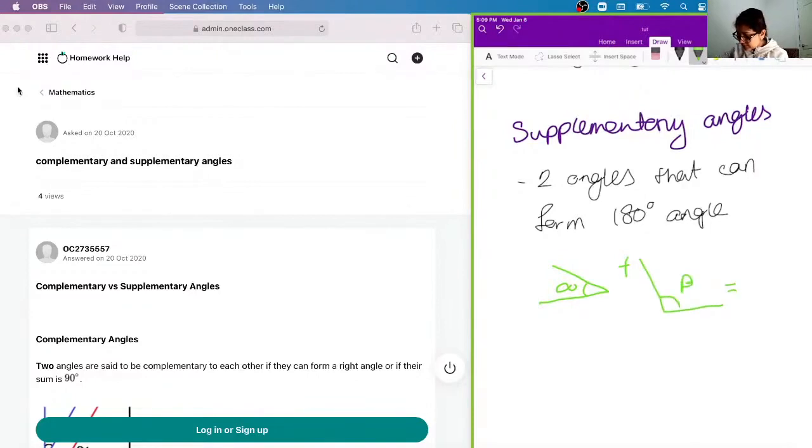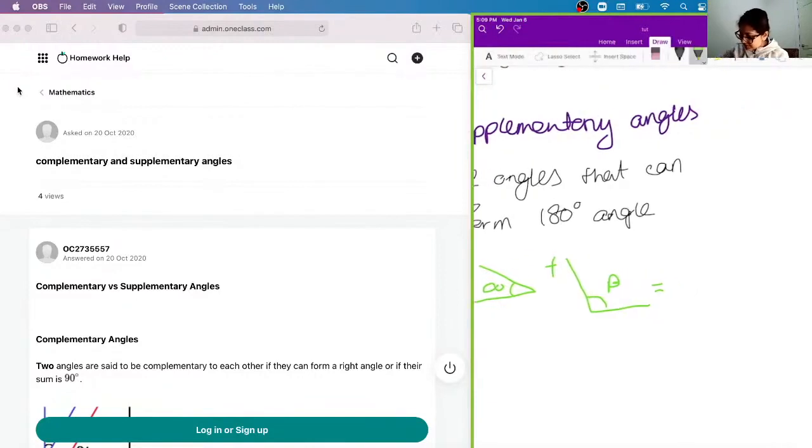If you add these two angles together, you get a straight angle, which is 180 degrees. The same rule goes for supplementary angles: if the angle is already 180, then there is no angle that is supplementary to it.